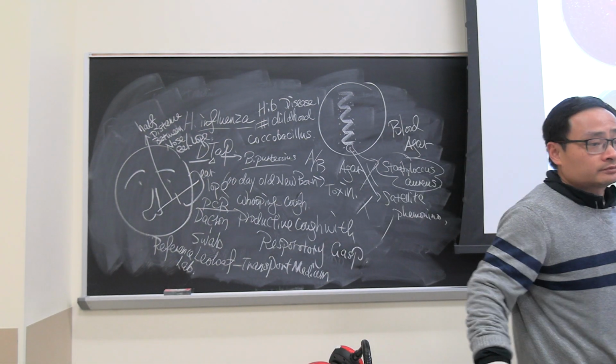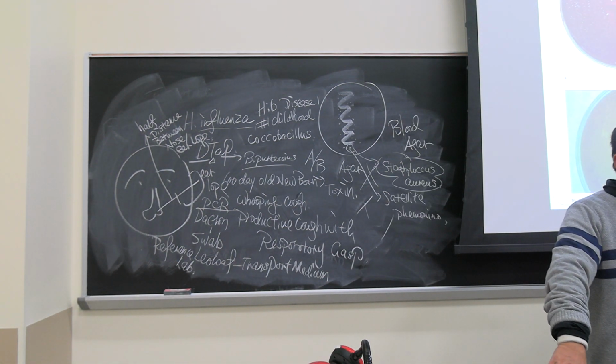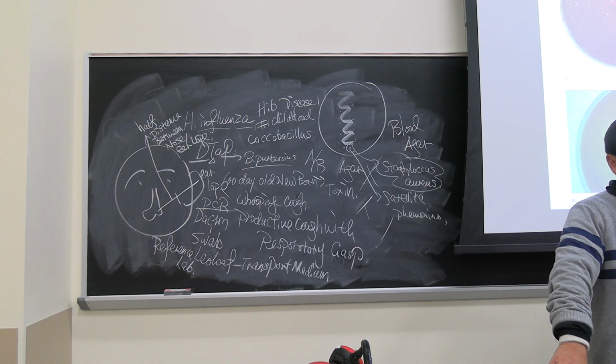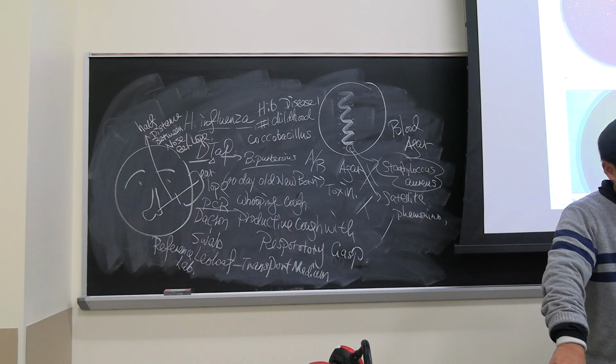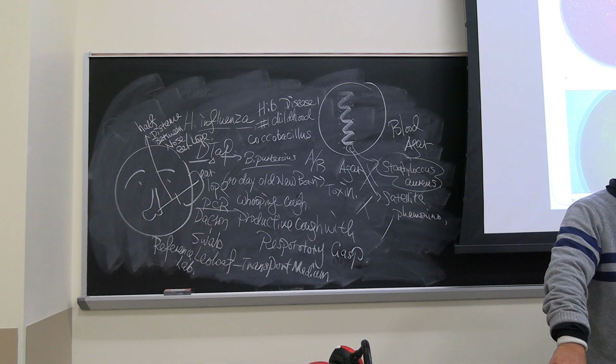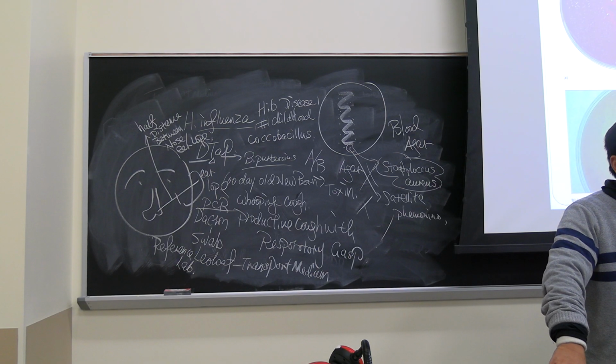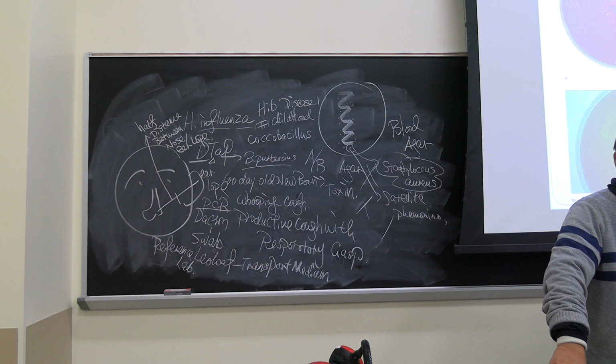Using blood agar, based on their hemolysis, which means whether they can completely lyse blood cells or incompletely lyse blood cells, we differentiate them into three categories: alpha hemolytic, beta hemolytic, and gamma hemolytic.